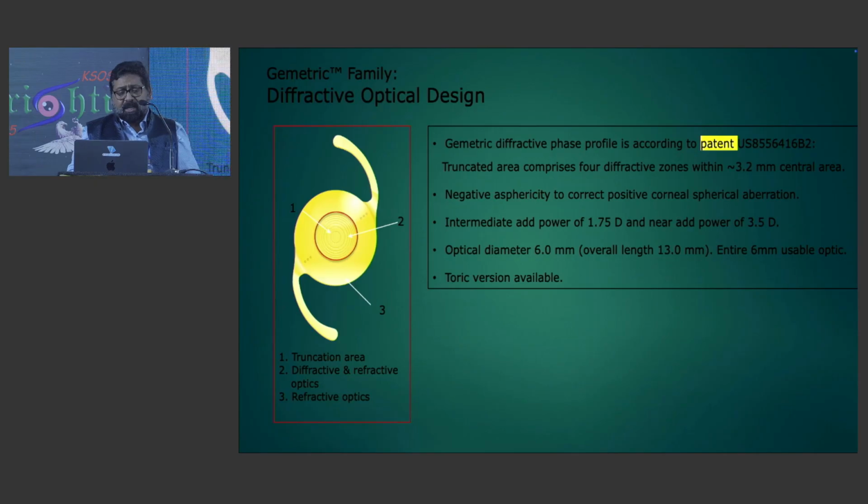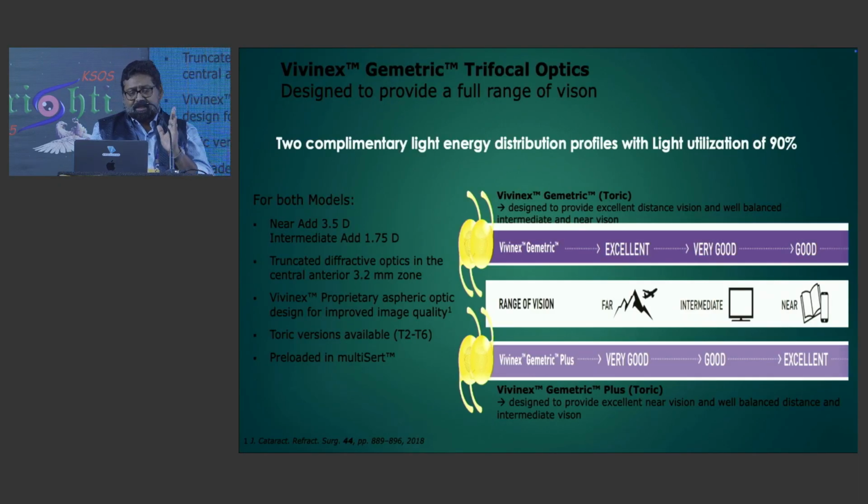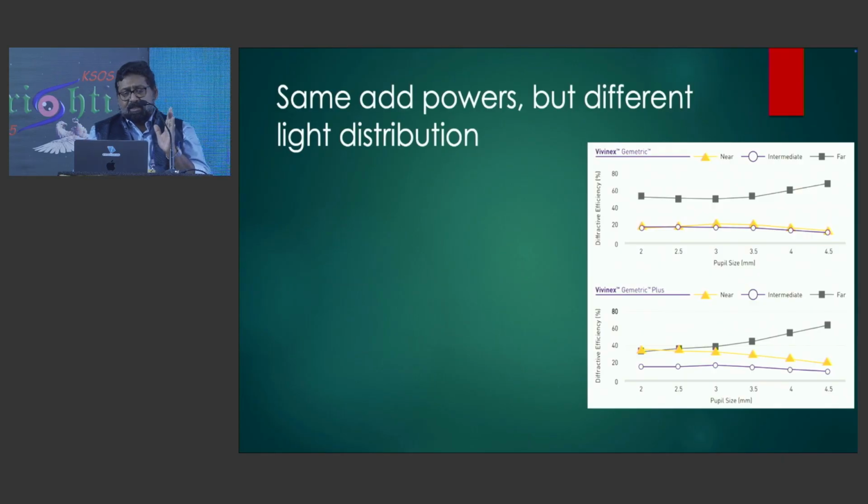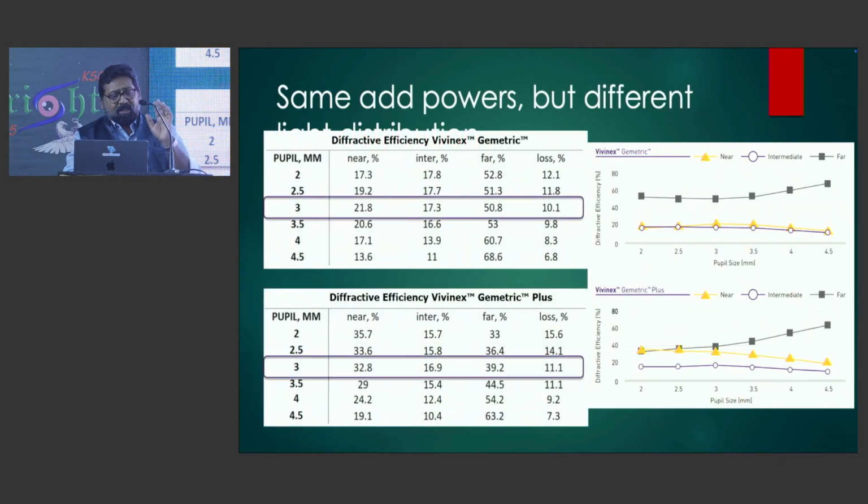Vivinex, geometric and geometric plus. See, it's got a truncated area in the center, and this area is responsible for the intermediate and near addition. And here the light is split. The geometric has more of far vision, and plus has more of near vision.